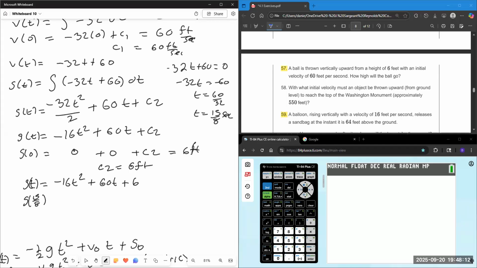So S of 15 over 8 is going to be negative 16 times (15 over 8) squared plus 60 times 15 over 8 plus 6.